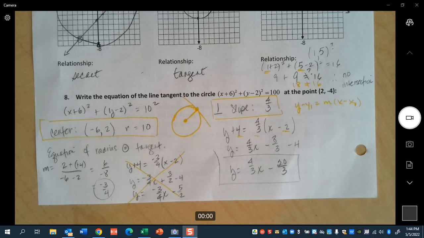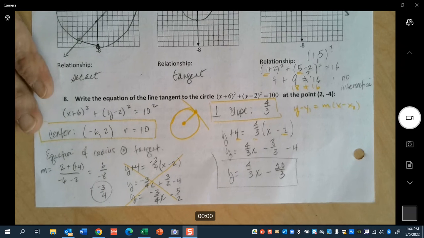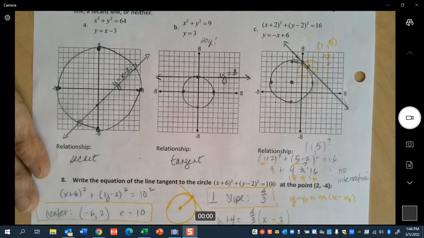So as I walk around and I see the number of blank papers on the back, people that didn't even bother to do or try or draw, I'm wondering. If you didn't get number 8, I get it, but there's really no excuse for not being able to draw these circles. So if the back of your paper doesn't have these on it, you need to do more geometry.